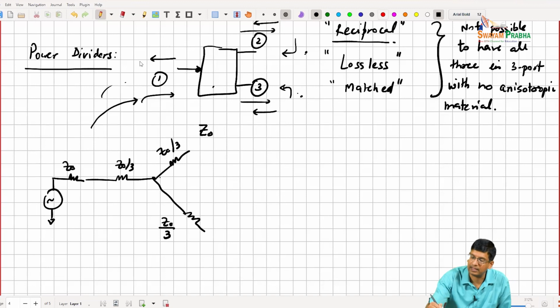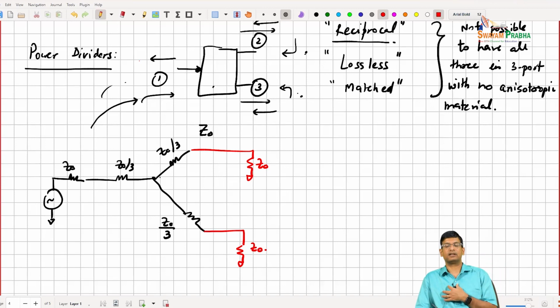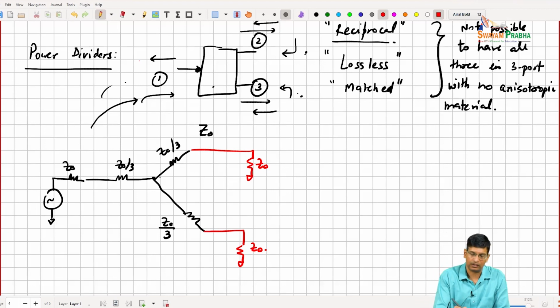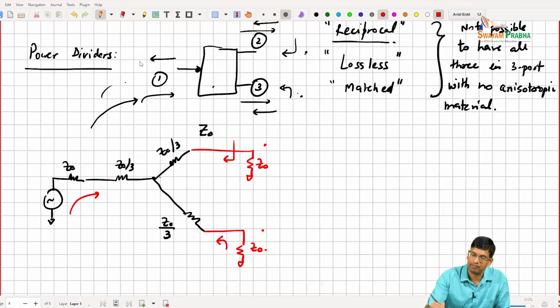And then let's say that I'm driving this into Z naught and driving this into Z naught, right? You can basically show that this circuit will divide the power evenly, so whatever you put in here will evenly split to these two ports, right? And you can show that each of these ports will see Z naught, right, looking in, right? So this is matched.